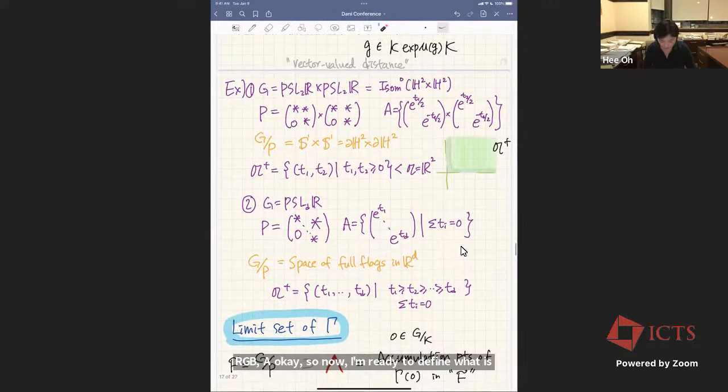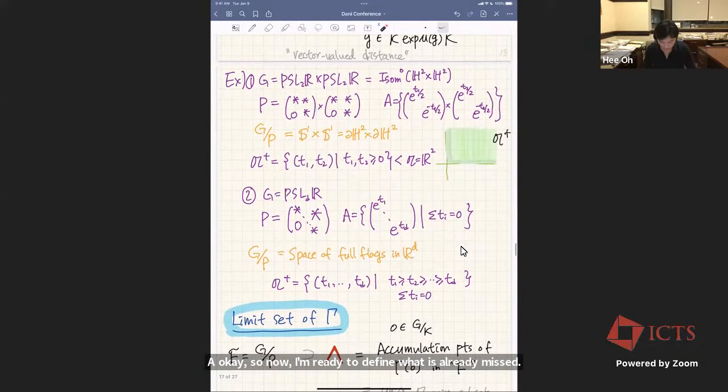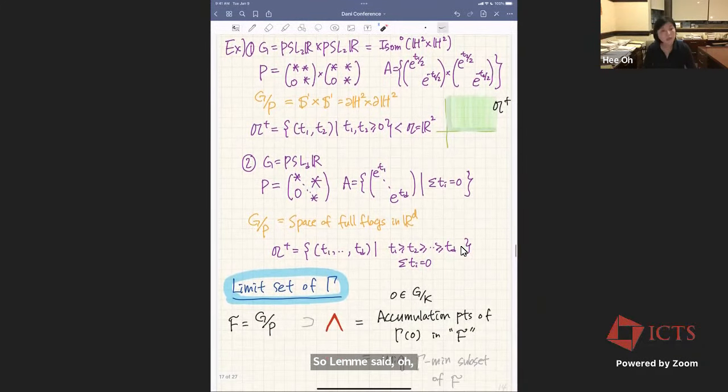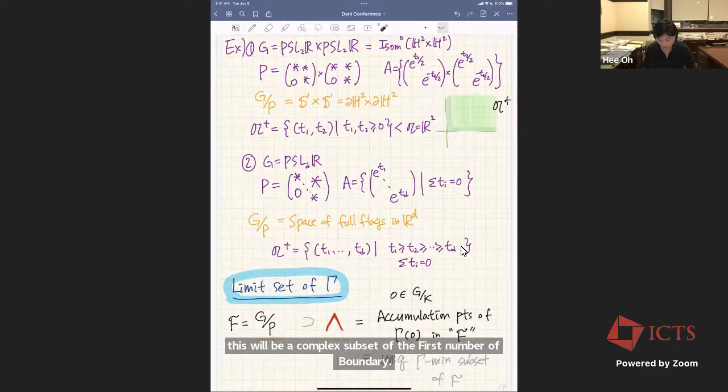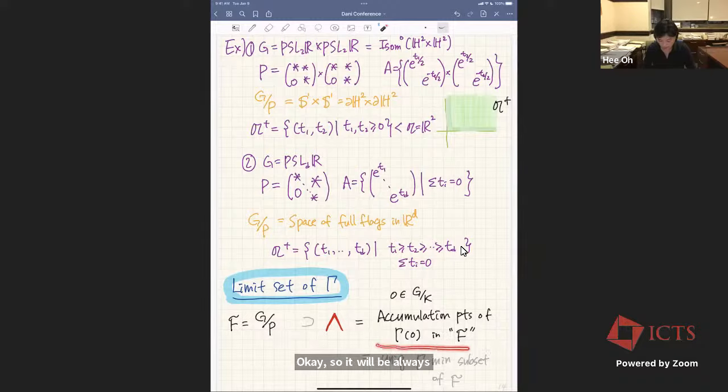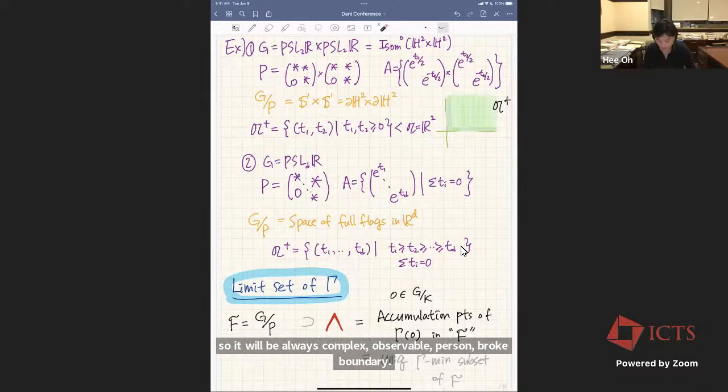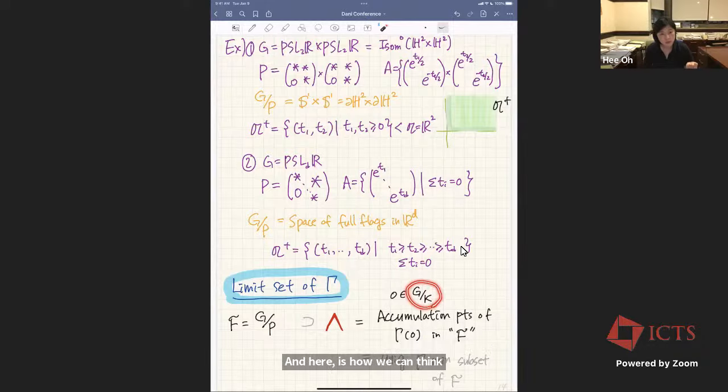So the limit set of a discrete group gamma of G will be a compact subset of the Furstenberg boundary. And here is how we can think of it. G mod K is the corresponding symmetric space.